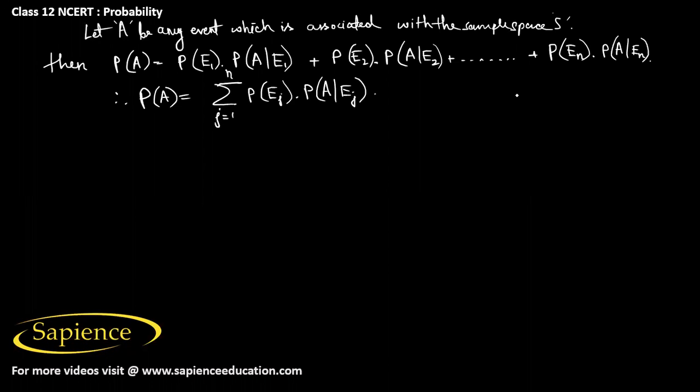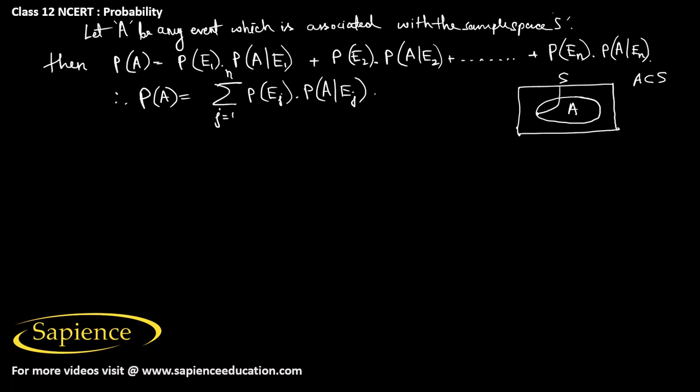We can represent it diagrammatically. Suppose we have a sample space S, and let's say A is any event in that sample space, so A is obviously a subset of S. Then suppose we have lots of partitions.